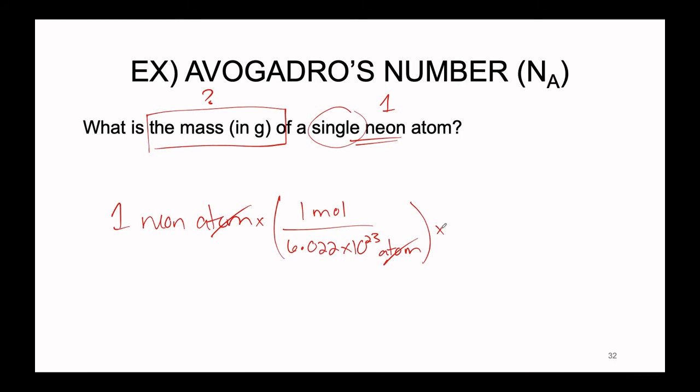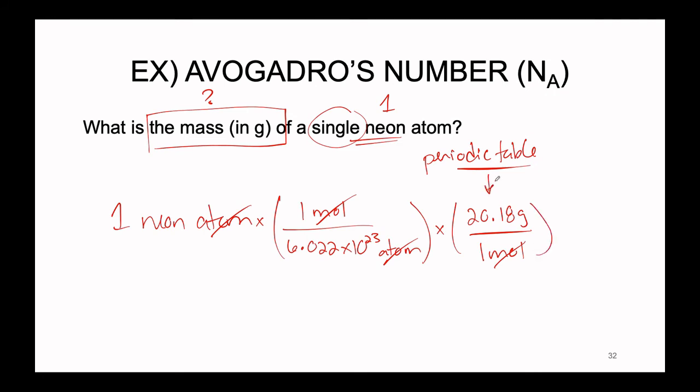All right, and once we are in the unit of the mole, all we have to do is check out the periodic table to find what the mass of a single neon atom is. We would find that the mass is 20.18 grams per every 1 mole of neon.